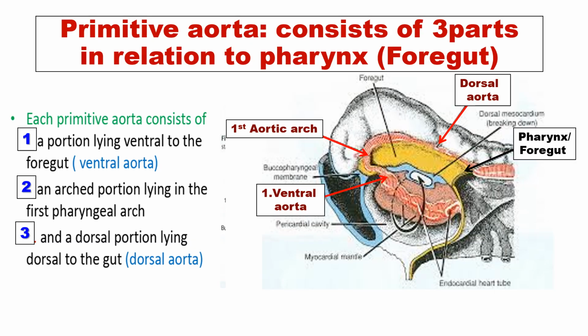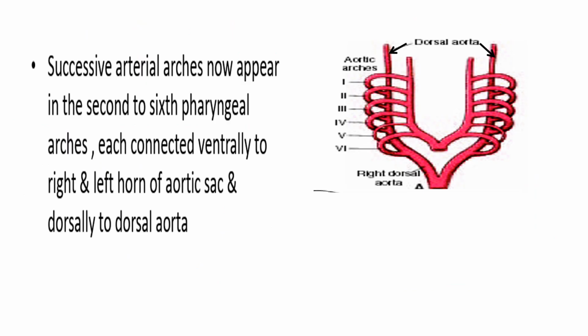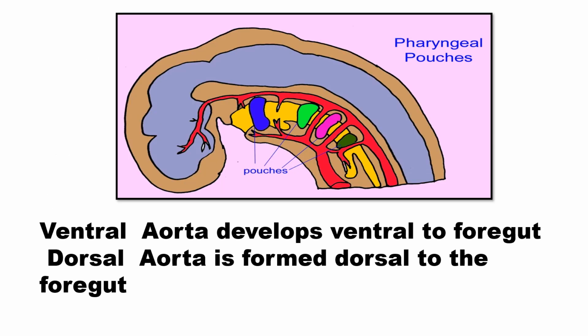The aortic arch arteries arch over the primitive pharynx or foregut. They connect the ventral aorta with the dorsal aorta. Successively, arterial arches appear from second to sixth, which are also known as pharyngeal arch arteries, and each connects the right and left horn of the aortic sac with the dorsal aorta.